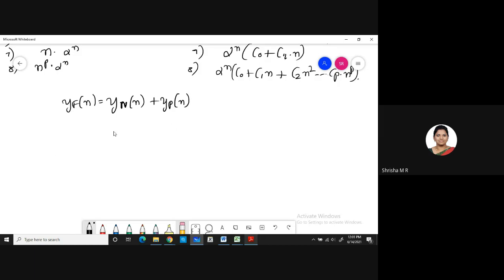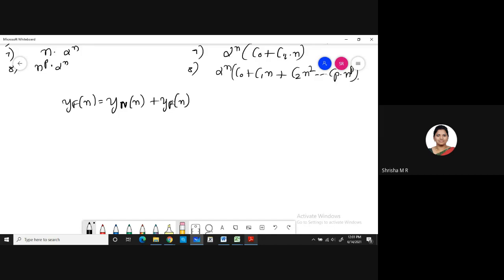The constants present in this forced response, k1 and k2 as we had previously, will be evaluated by assuming zero initial conditions.